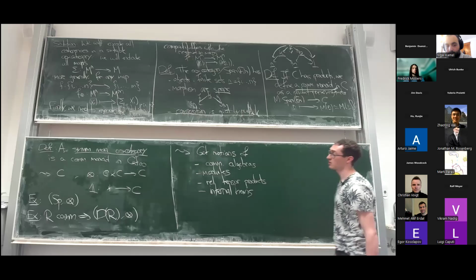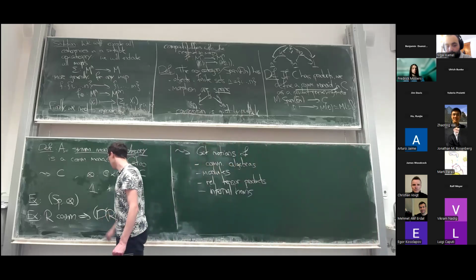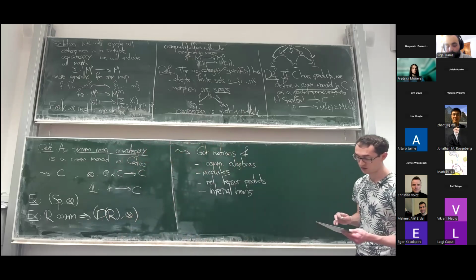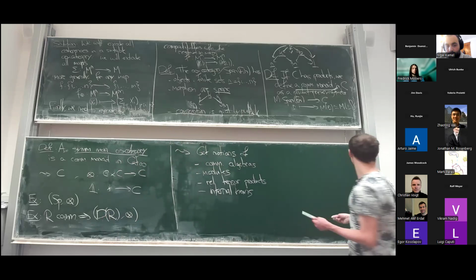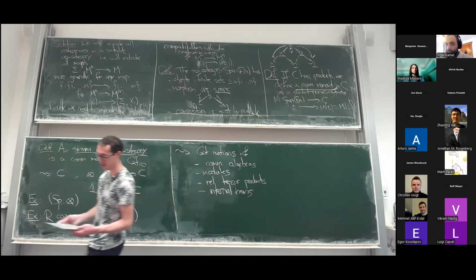And those precisely encode these things that I discussed before. So if you would do them in the derived category, then this will correspond to the derived tensor product and to the derived hom. Yeah, I think I'm already out of time, so I will just stop here.